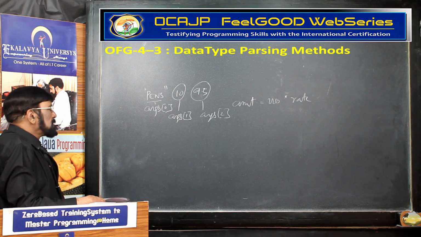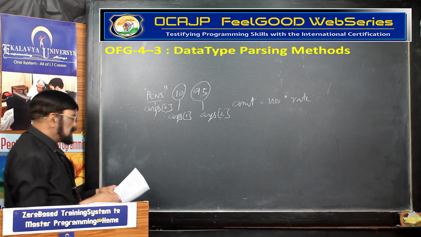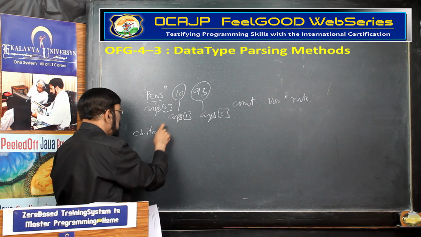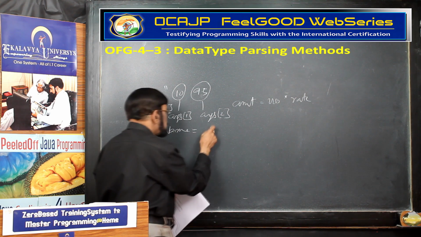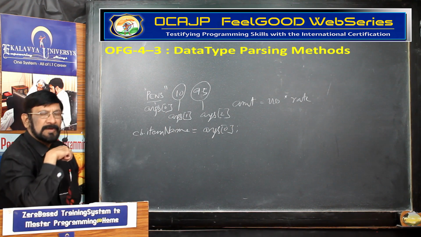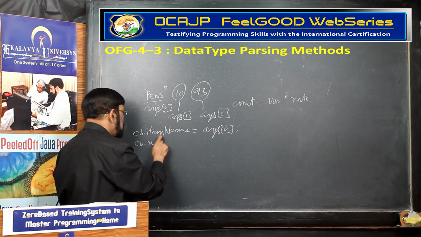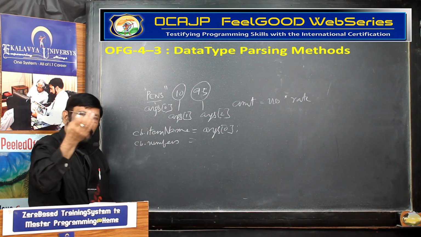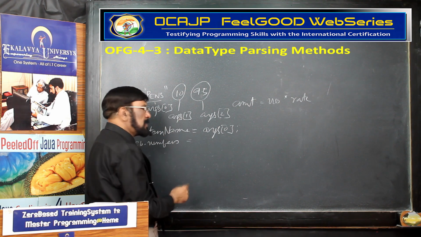Now you could understand. Now the first one is the cash bill item name. Simply args[0] you can write because no conversion is required for this. Next one is the number of items. Which one do we have to extract from a string? We have to extract the integer value from the string.